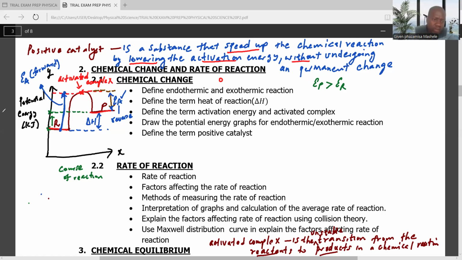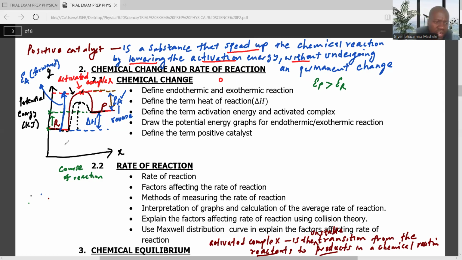But let's say we add a catalyst, ladies and gentlemen. Addition of a catalyst means we will not change the reactants. It will just reduce the activation energy. So the first one is the uncatalyzed one. You can easily see that the activation energy has been lowered, because from the reactants to the activated complex, this is our activation energy, which is smaller than the original one.